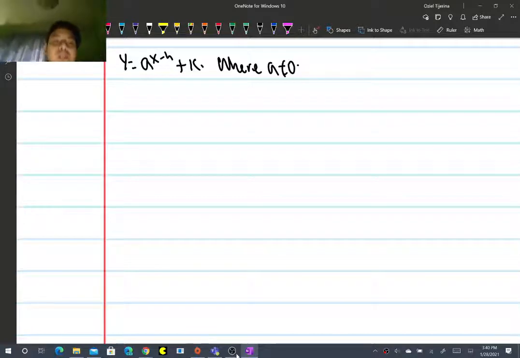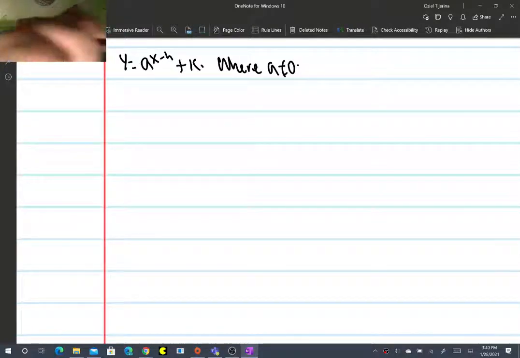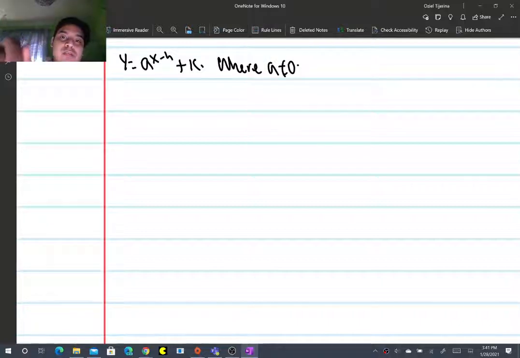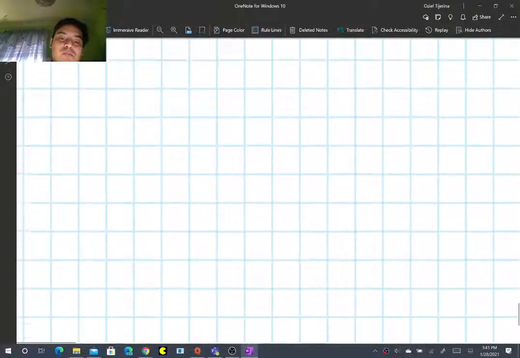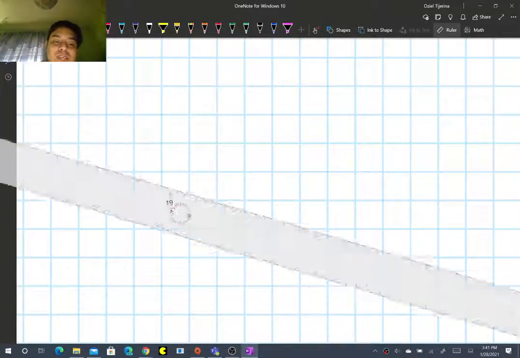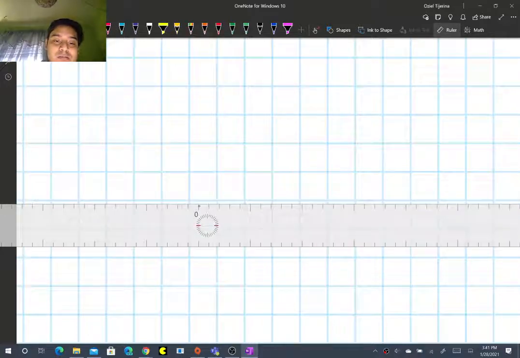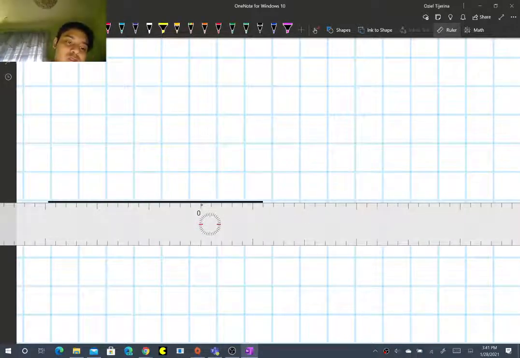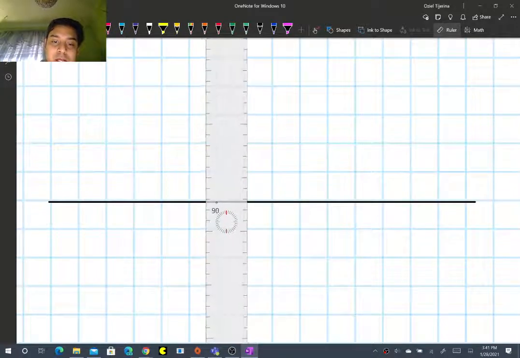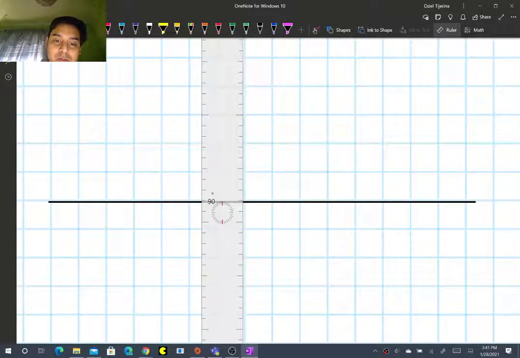So if we go ahead and graph the exponential function, we can do it as best as we can, is what I'm trying to say. So if we get a line here, we're gonna do 2 lines, and I'm gonna pause while I make this graph.